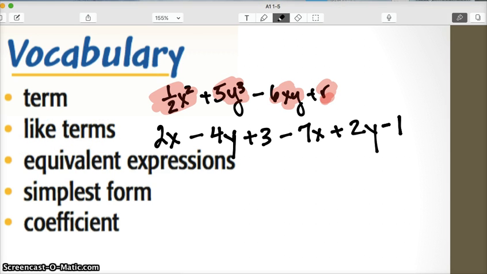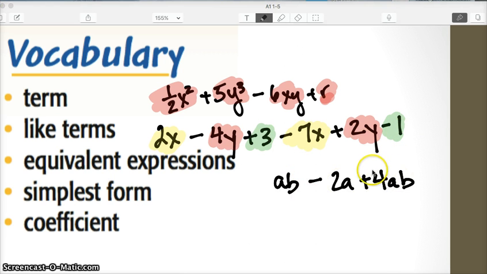Like terms are terms where each of the variable portion of the number is the same. So for instance, this 2x is a like term to this minus 7x, and this 4y is a like term to this 2y, and this positive 3 is a like term to this negative 1.